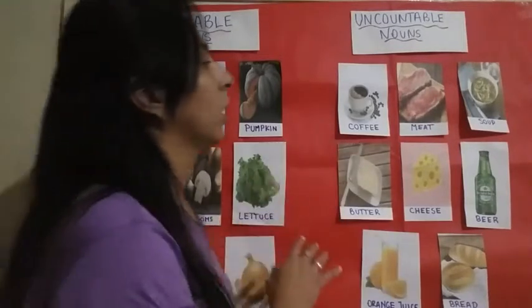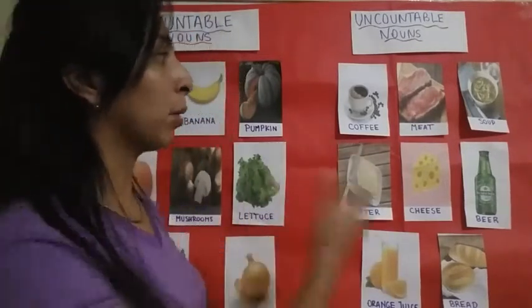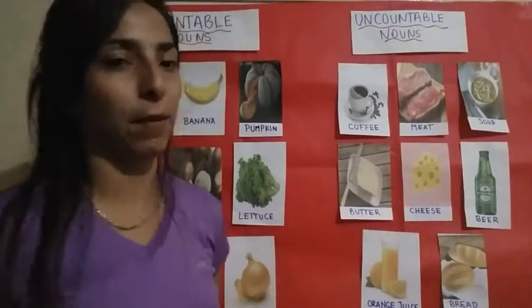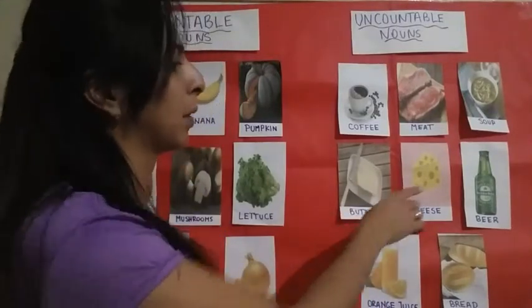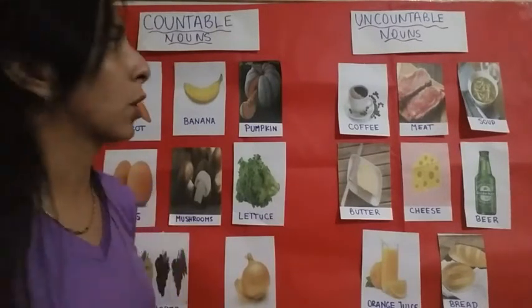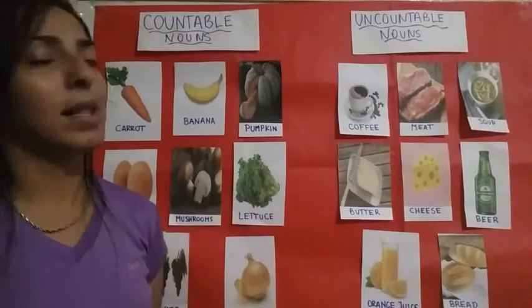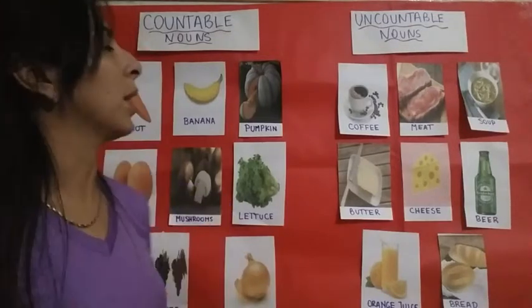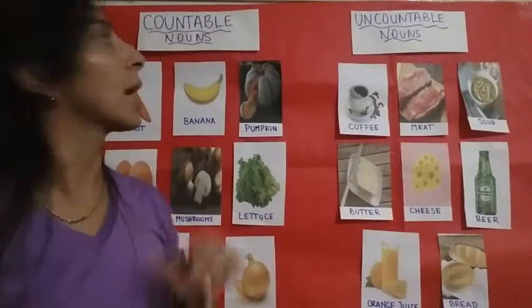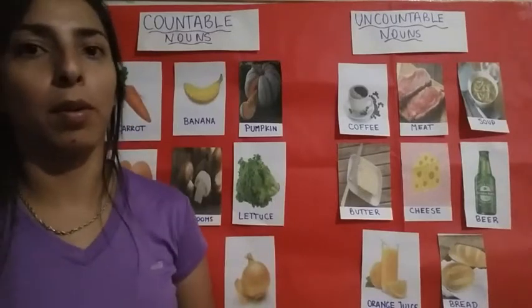They cannot take the plural form, so all of these are in the singular form. Cheese, butter, beer, okay? And they are uncountable nouns. So in the next explanation, we will use countable nouns and uncountable nouns, okay?